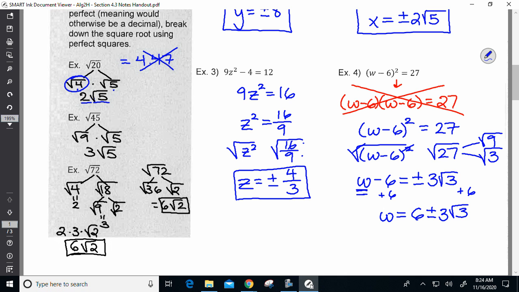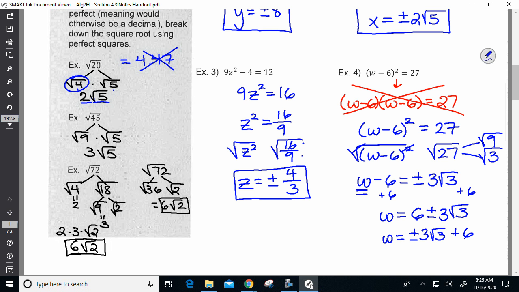Now, certain books will write it differently. Some books will write it as plus or minus 3 square root 3 plus 6. I personally don't have a preference. If you give it either way, that's fine with me.